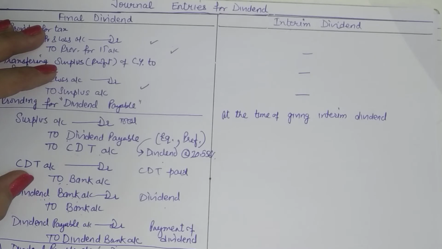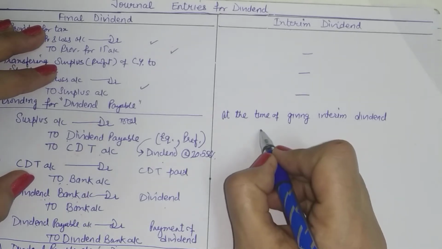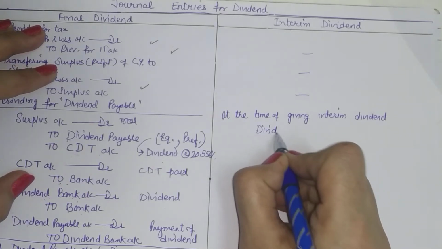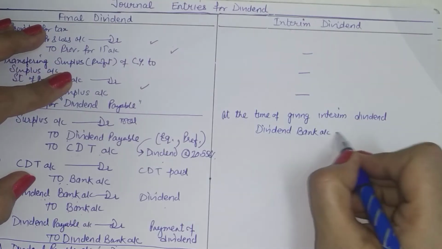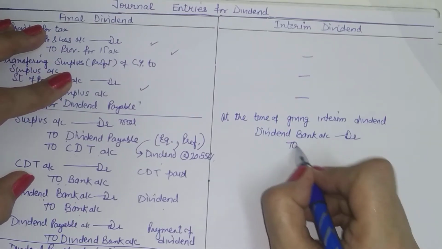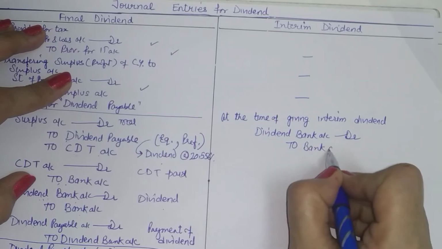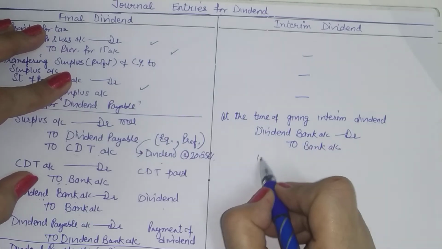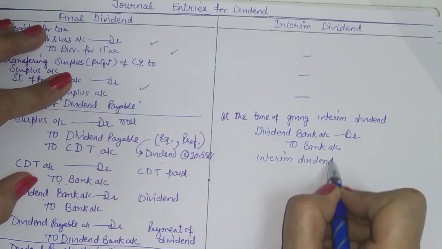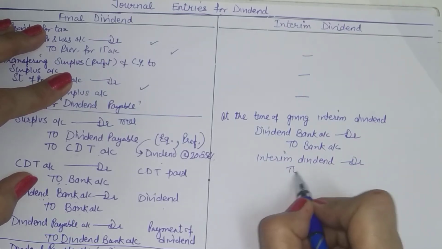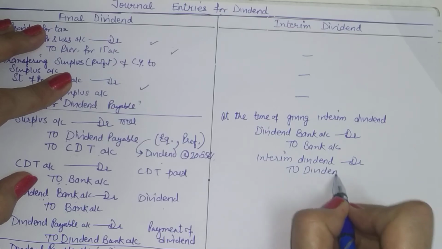So you will account for this as, you will simply put the required amount of money in dividend bank account from your normal bank account. Then you will pay your interim dividend out of this dividend bank account.